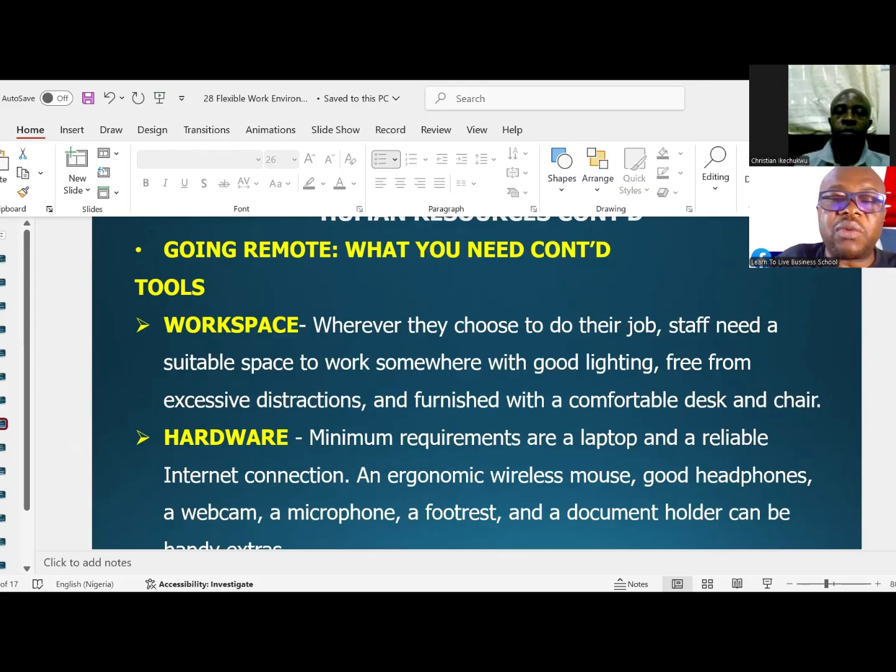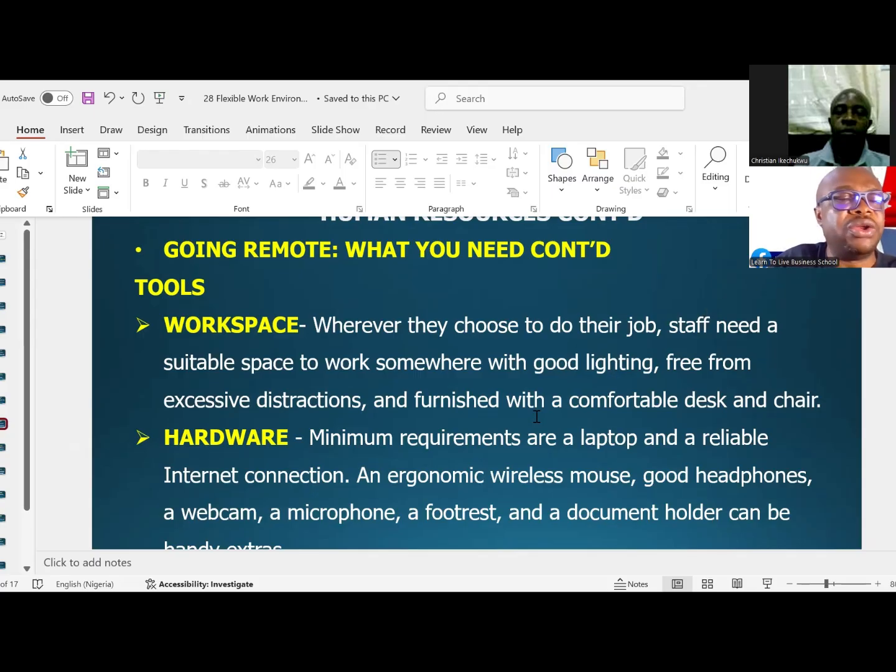Now, hardware is very, very key. The minimum requirements are a laptop and a reliable internet connection. Then an ergonomic wireless mouse, good headphones, a webcam, a microphone, a footrest, and a document holder can be given out as extra materials.